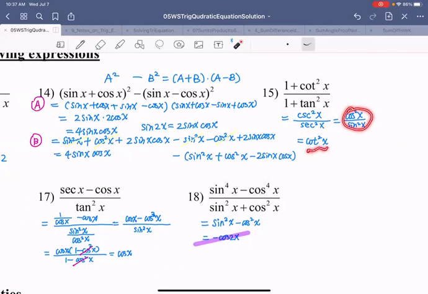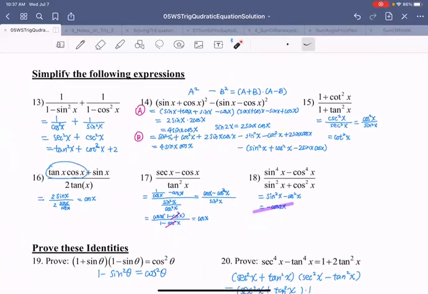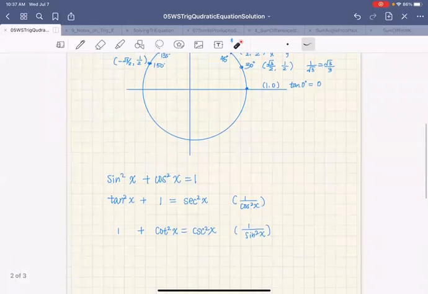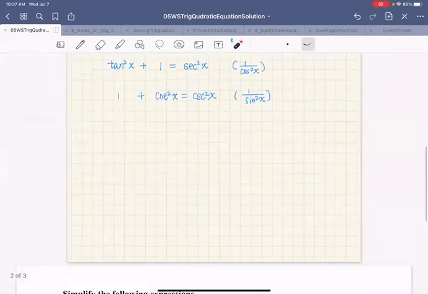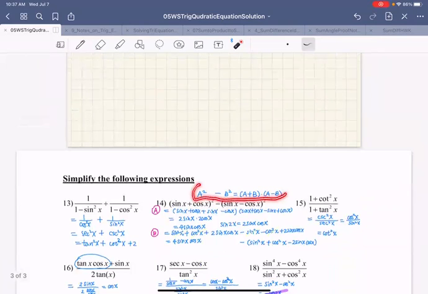And that is cotangent square x, okay? For those questions, we need to manipulate using these 3 identities, plus all those old formulas we learned in algebra 1 or algebra 2.